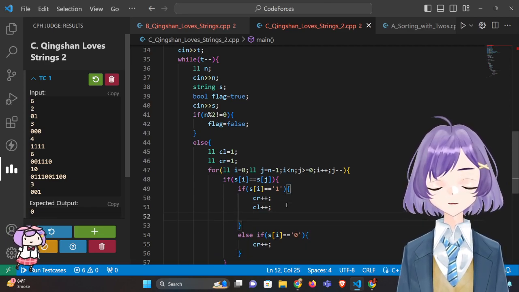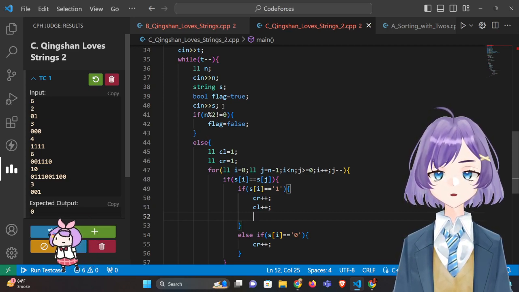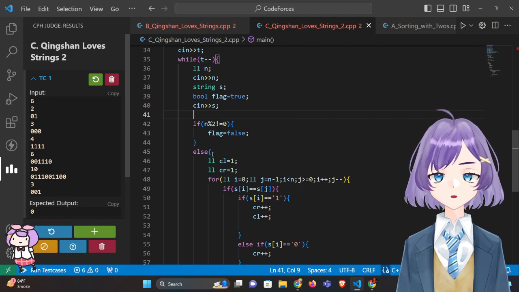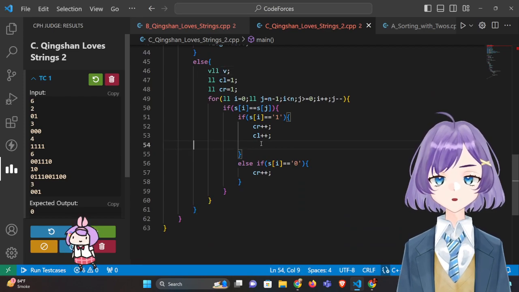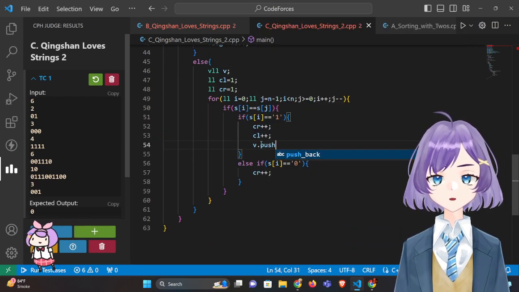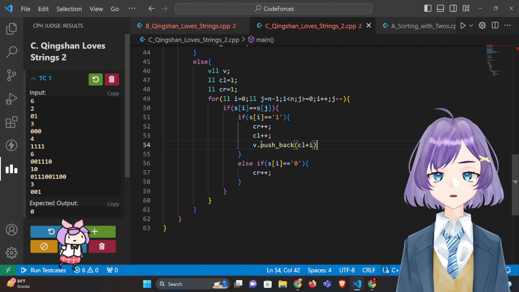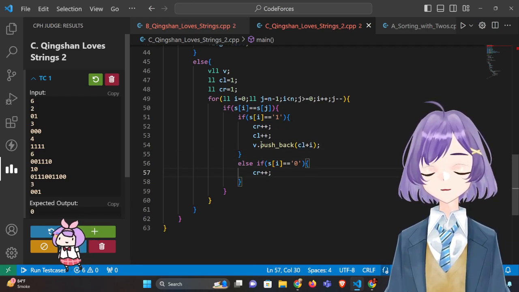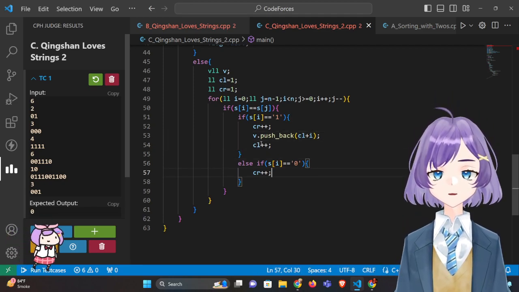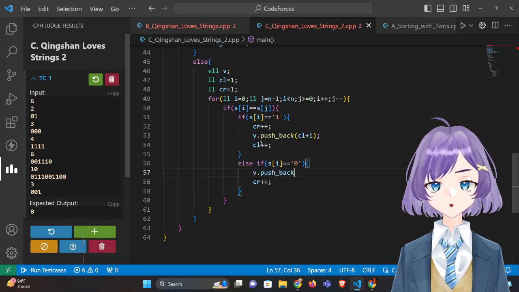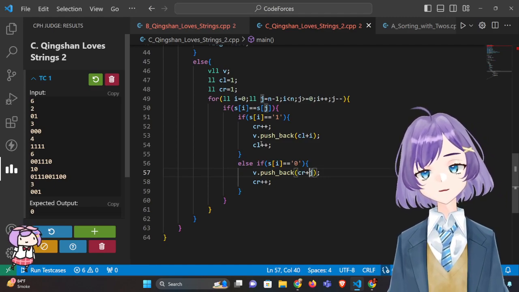And after doing this, I can just make a vector, long long V. V dot push back VL plus I. V dot push back VL CR plus J. Or is it?